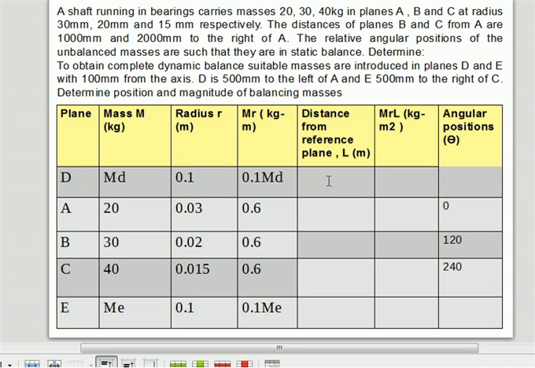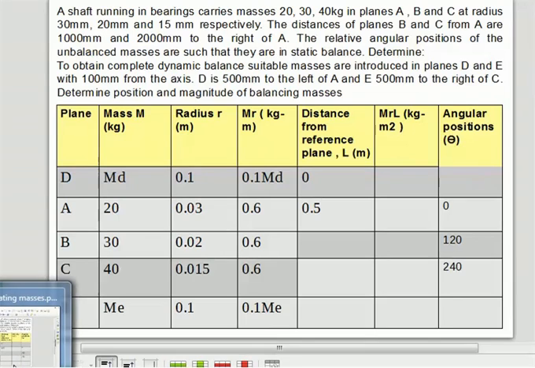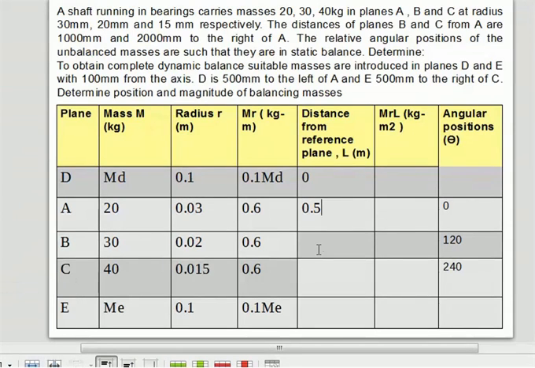Distance from D to D will be 0. Again from the same diagram, distance from D to B will be 1.5 meter. D to C you will get 2.5 meter, and distance from D to E will be 3 meter. This is by referring to the same previous diagram.